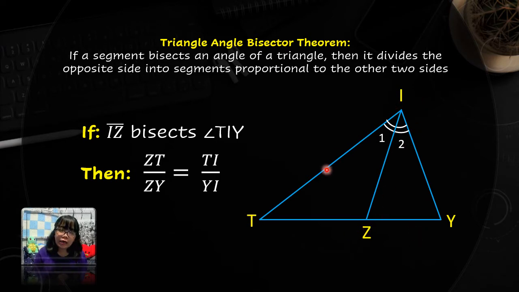TI on the other hand is one of the two other sides of your triangle, and also YI. So again, the theorem states that if a segment bisects an angle of a triangle, then it divides the opposite side into segments, and our segments will be ZT and ZY in this case, and that is proportional to the other two sides, which are your TI and your YI.